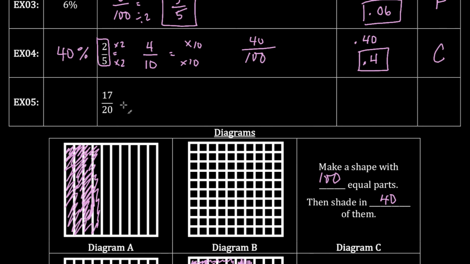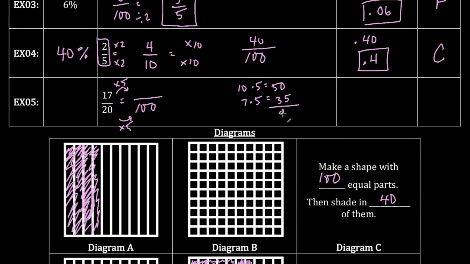So next one. We need to get to 100. This one seems pretty easy, so I'm not going to use this long drawn out process. So times 5, times 5, so 17 times 5. 10 times 5 is 50. 7 times 5 is 35.